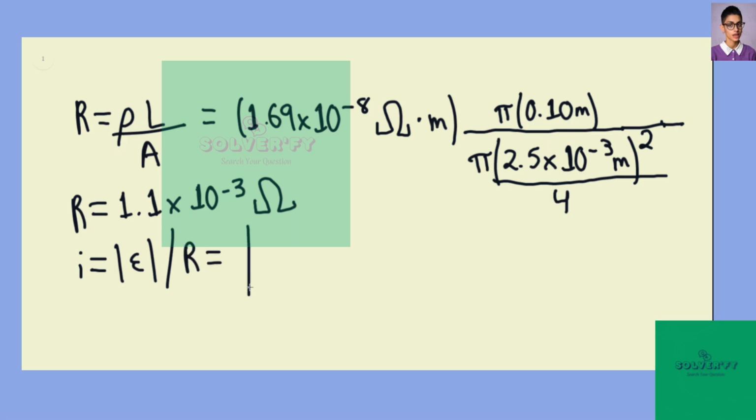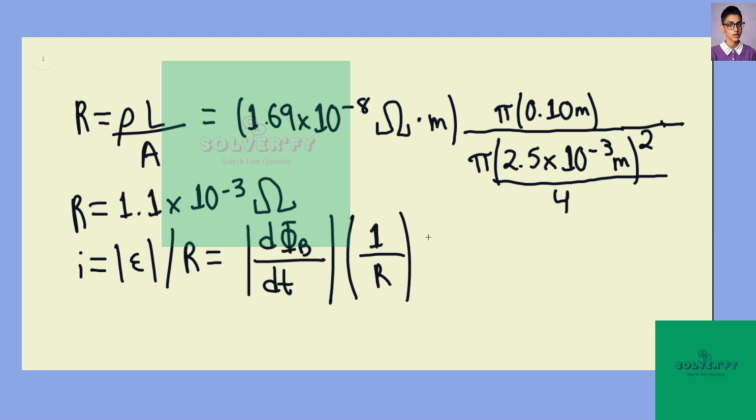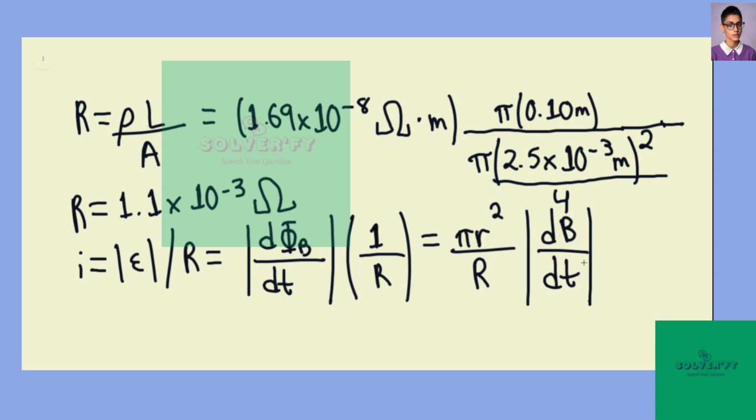So this would be equal to the absolute value of the change in magnetic flux with respect to time according to Faraday's law, and then this would be essentially multiplied by 1 over R. And so this is going to be equal to pi R squared over R multiplied by the absolute value of the change in the magnitude of the magnetic field with respect to time.